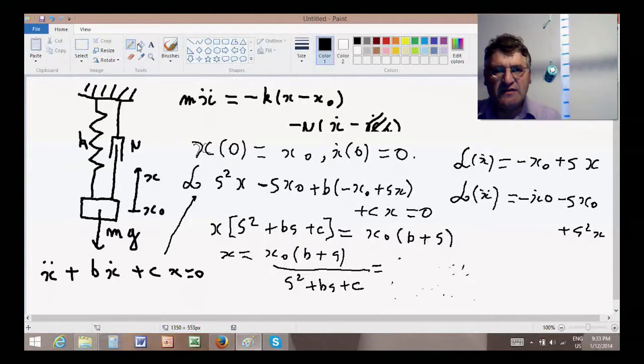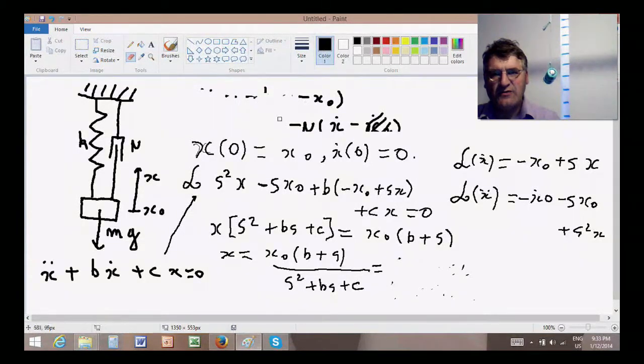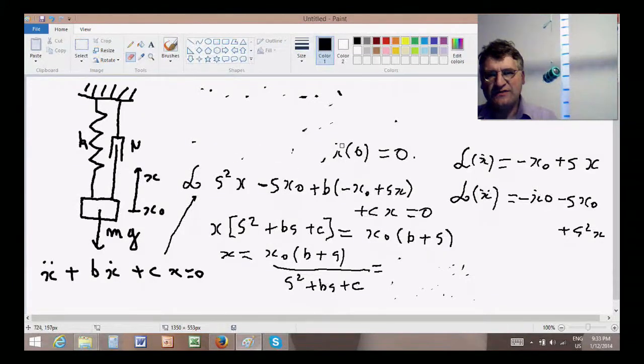So saying it again, we can factorize s squared plus b s plus c. If I erase the rest of our equation, we'll come back to it later. If we erase the initial conditions, we will remember them.